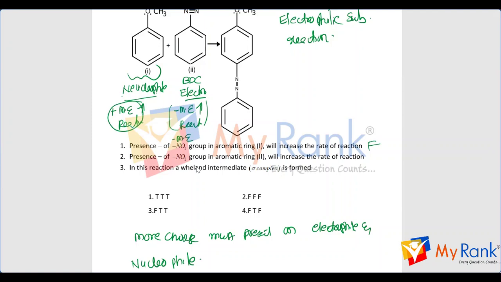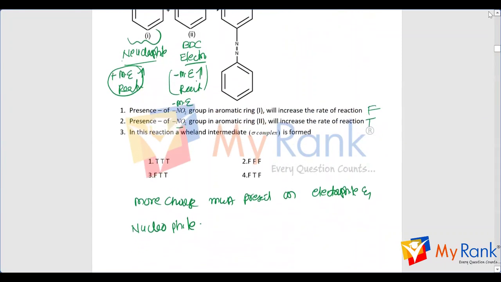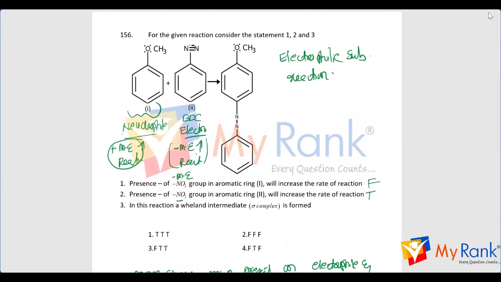Presence of NO2 group in aromatic ring 2 will increase the rate of the reaction. Yes, here the minus mesomeric group is on the electrophile, which will increase the reactivity. True. The third one: in this reaction, Wheland intermediate is formed. Yes, in electrophilic substitution reaction, sigma complex or Wheland intermediate is formed.